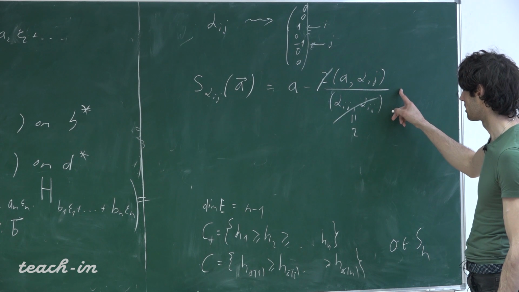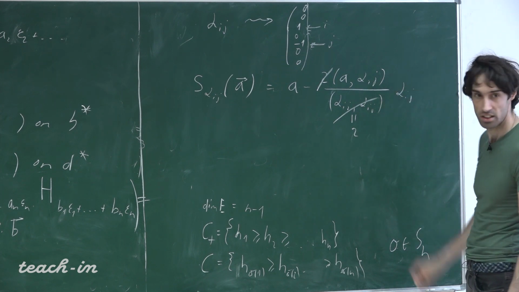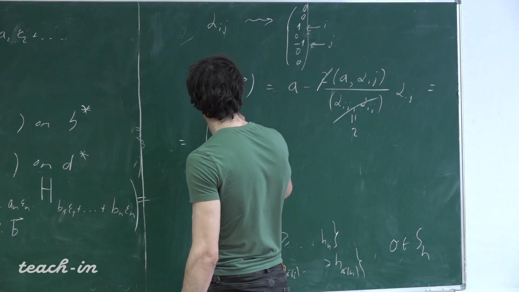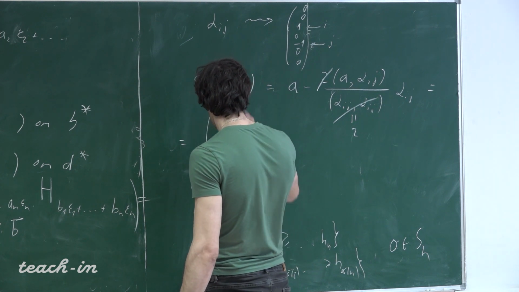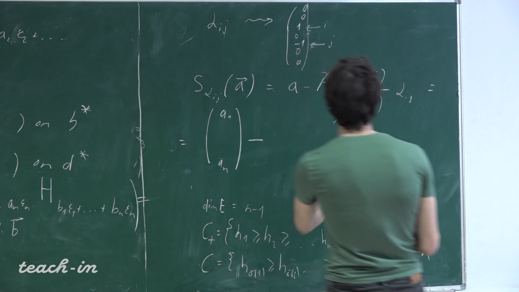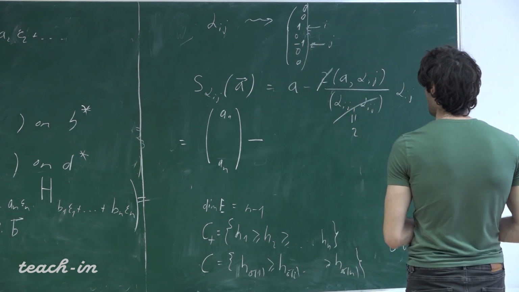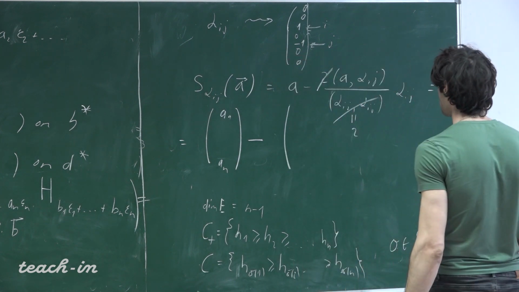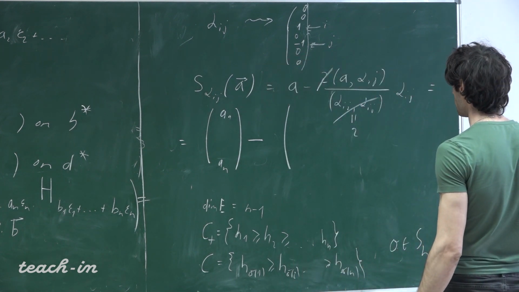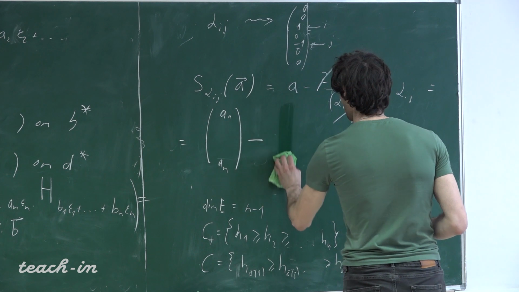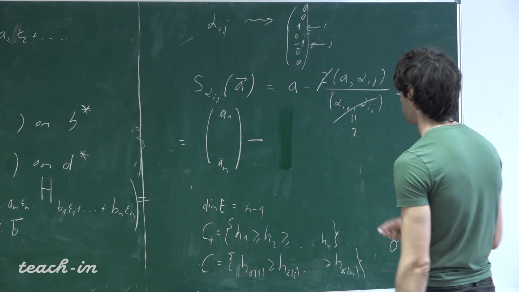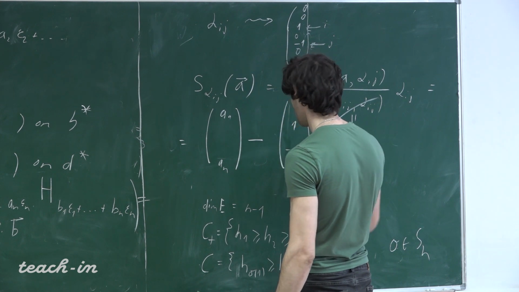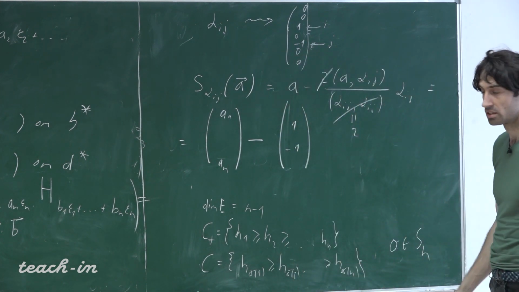Times something, alpha ij. Okay, I claim that, I have to write A1 and so on to AN minus, so what's the scalar product? My alpha ij is this, 1, -1, right?